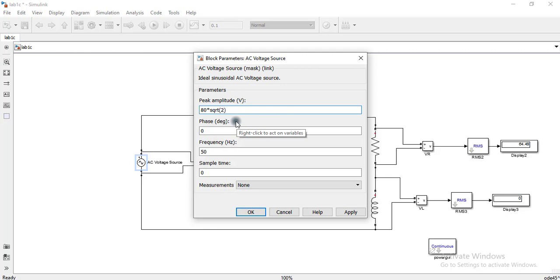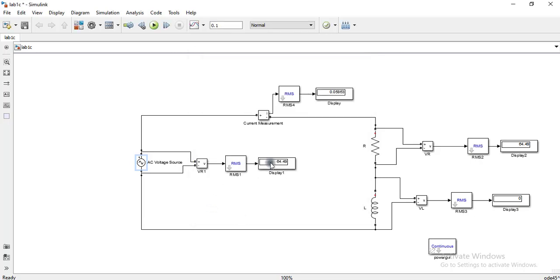Because in order to find the RMS value, you have to divide peak value by under root 2, and similarly in order to find the peak value from RMS value, you have to multiply it with square root of 2. So square root of 2 is nothing but 1.415. So I hope this will give me 80 volts at the input.